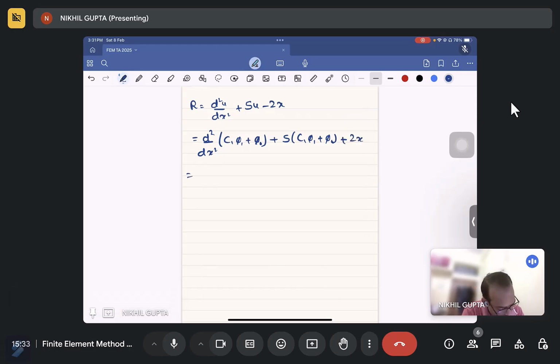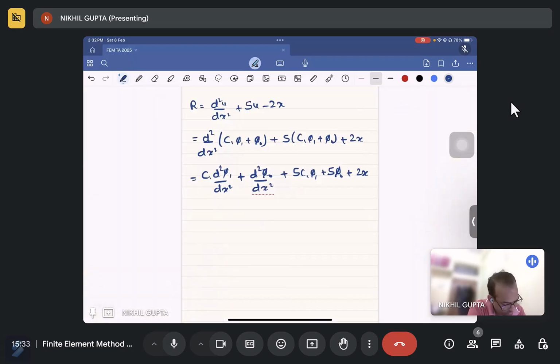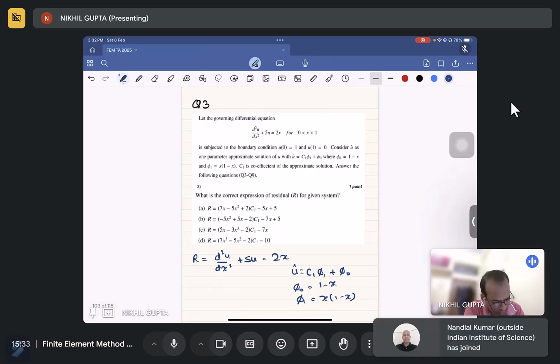So let's do one more step before substitution. We can write directly c1 d2 phi 1 by dx square plus d2 phi naught by dx square plus 5 c1 phi 1 plus phi naught plus 2x. Okay. Let us get the value of d2 phi naught and d2 phi 1.